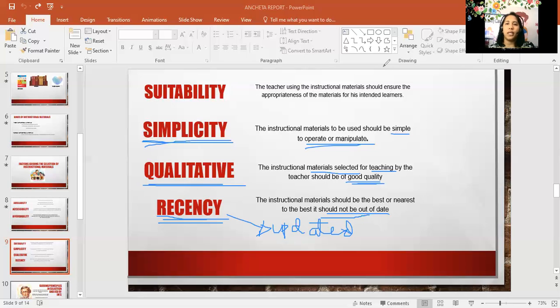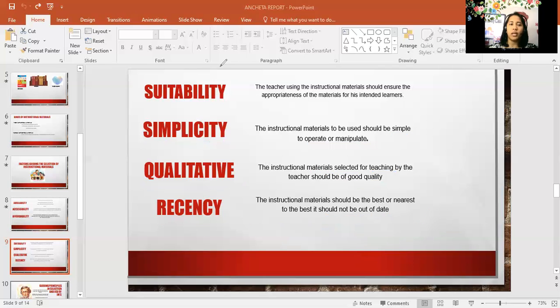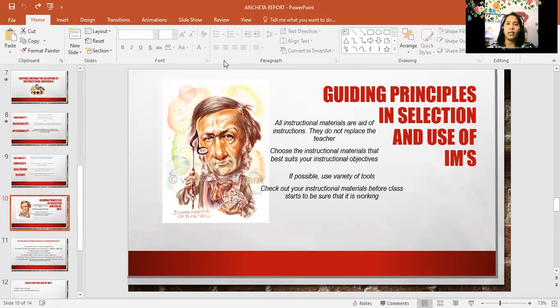So it should be very clear and recent information. All right, so now let's go to the guidelines, the guiding principles in selection and use of the IMs or the instructional materials.